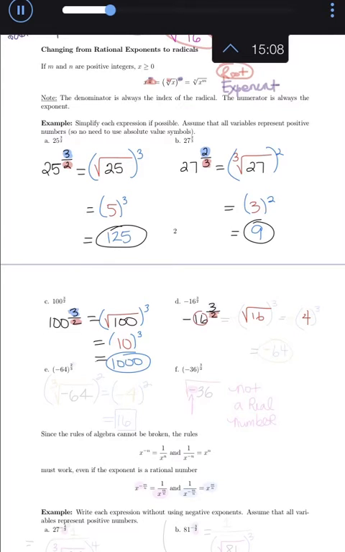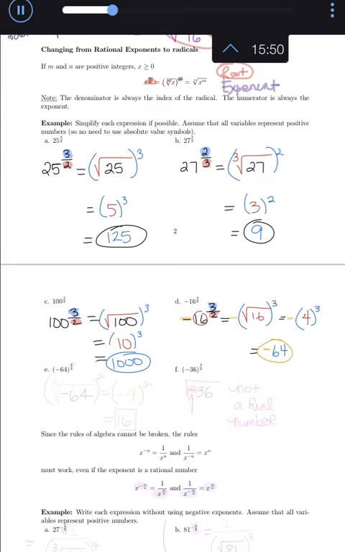I can't forget the 3, which tells me to cube what I got out. 4 cubed is 64. There's only one part I'm ignoring, which is the negative. The negative was not inside any parentheses, so it goes on at the end, on the outside, which means my final answer is negative 64.